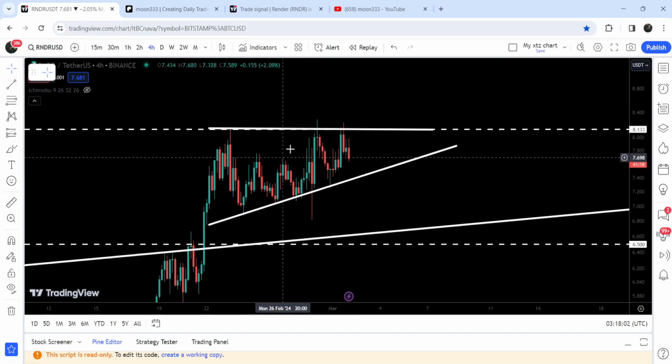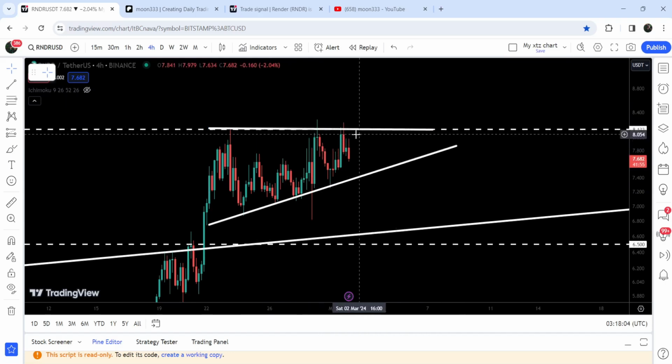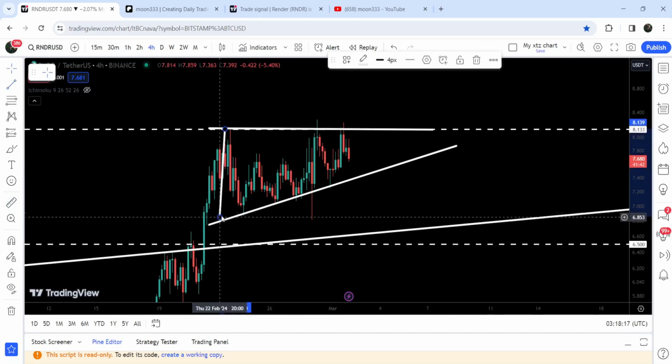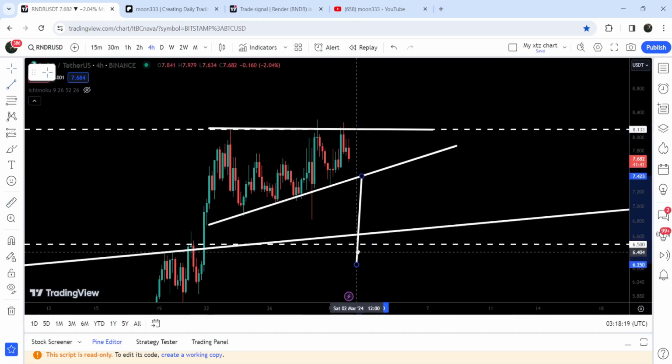And now recently you can see it is rejected by the resistance of this triangle. This time the support will be somewhere here at approximately $7.40. And in case of breaking down this ascending triangle, the target to the downside can be here.